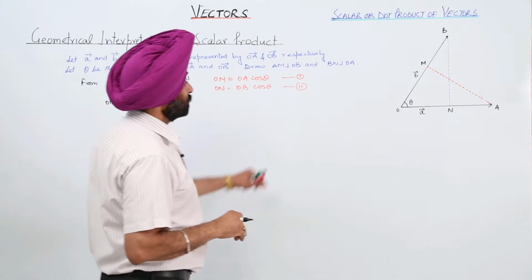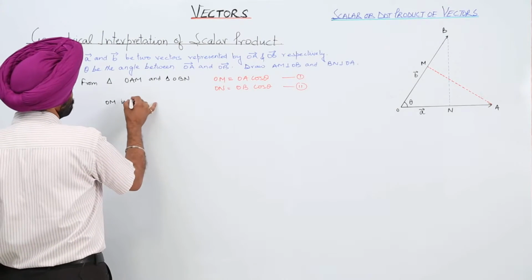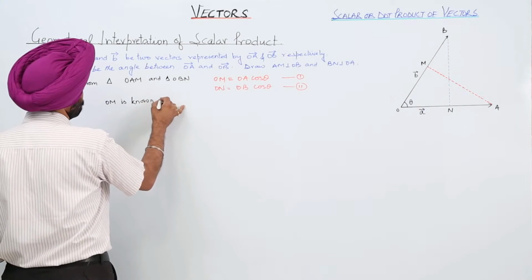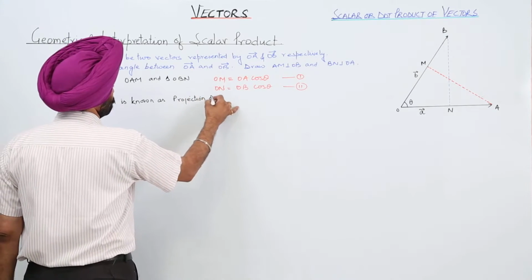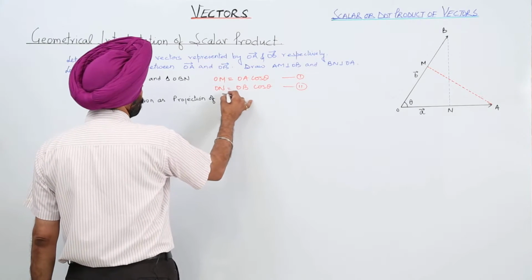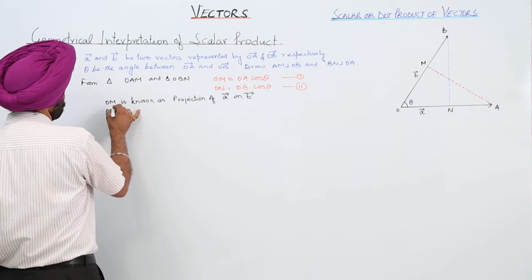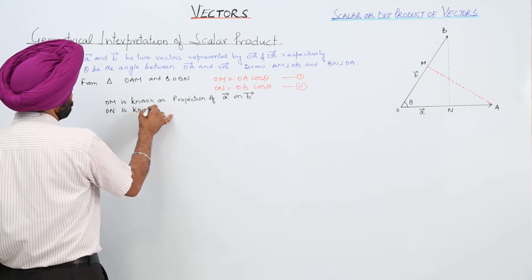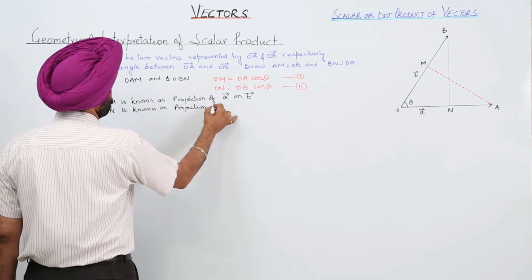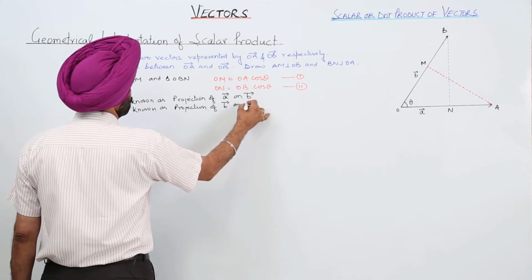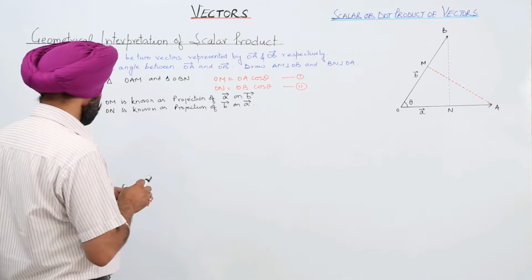OM is known as the projection of vector A on vector B, and ON is known as the projection of B on A. Is it clear?